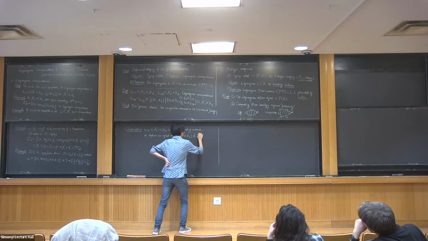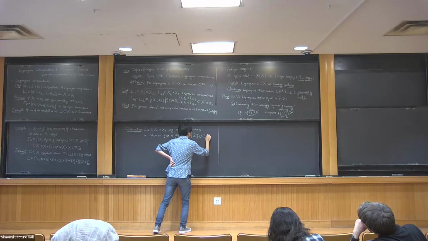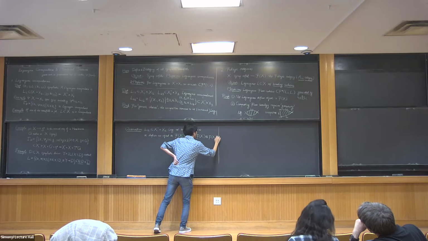And indeed, under some suitable assumptions, let's suppose that this is actually the Fukaya category of X1 minus tensor with the Fukaya category of X2.